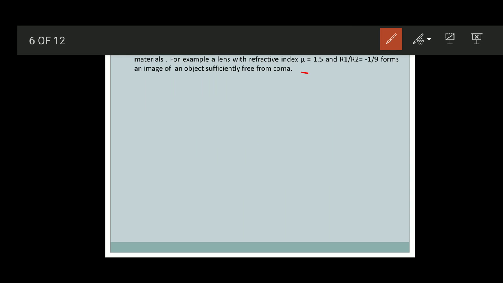And the second one is by preparing a suitable system. By the formula, we can minimize the coma. If the system or lens material has refractive index mu equal to 1.5, and it is prepared with R1 by R2 equal to minus 1 by 9, it can reduce the coma.